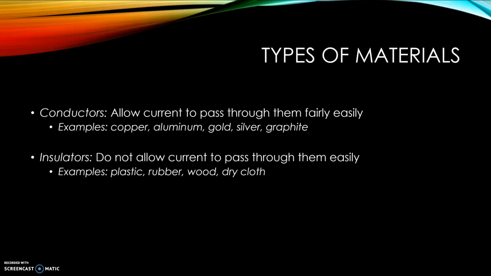One of the things I want you guys to know about both of these is why this is: what makes a conductor conductive, and what makes an insulator insulating. I'm not sure if you've had this in sophomore chemistry or not, but if not, this will be new to you. So this is a conductor, and we're going to imagine that we zoom in and look at the conductor at the atomic level.